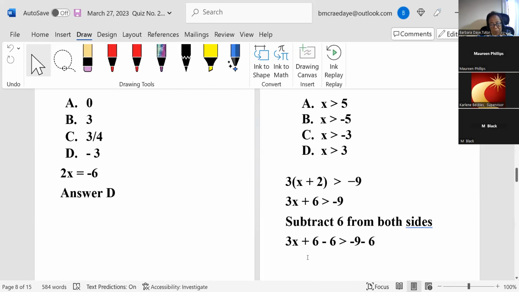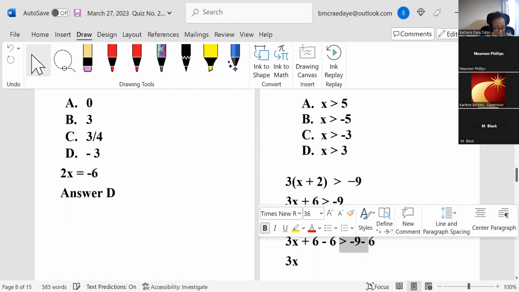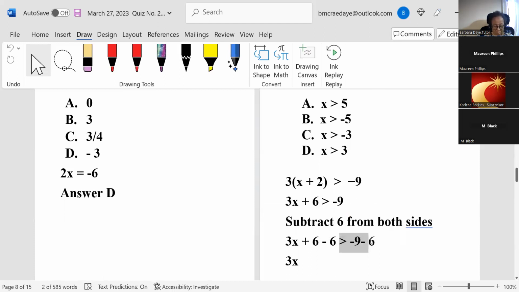On the left we have 3x. That's it, 3x. And a -9 and a -6 gives you what? Minus 12.